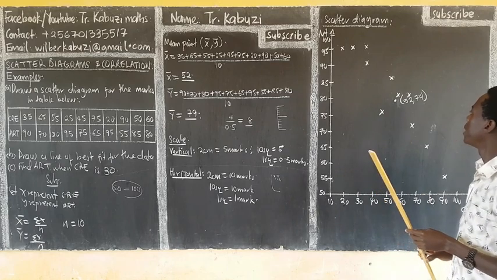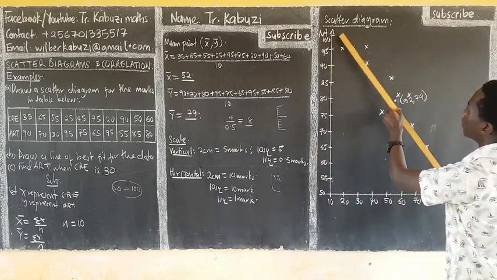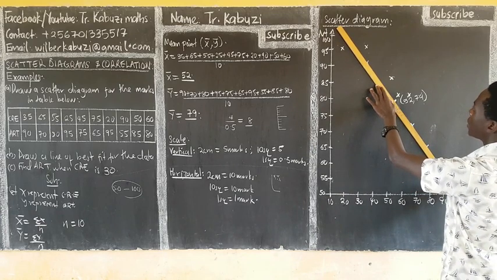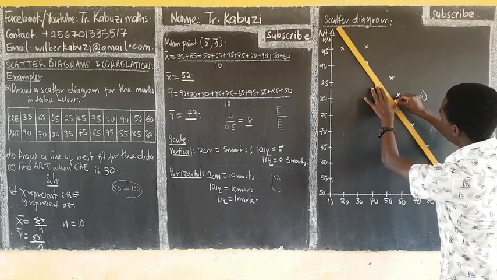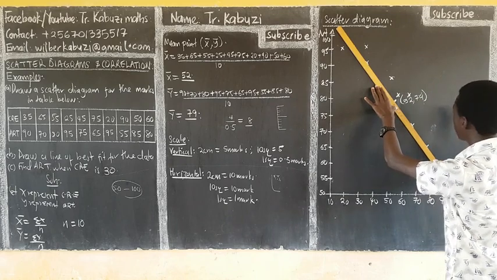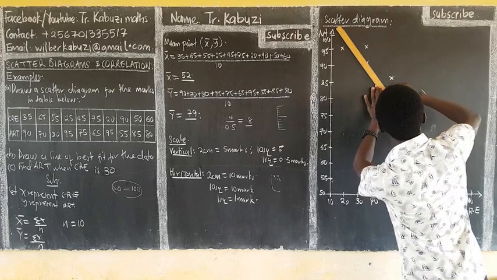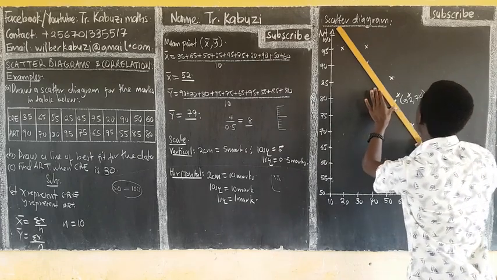Then from there, you need to draw a line of best fit and pass it through there. If I'm to draw that line, passing through there, I think mine, you see, this is going to be my line of best fit. At least it should pass through some points. So from here, it's going to pass through this point, then this point. So I'm to draw my line of best fit. That's how it's going to be there.